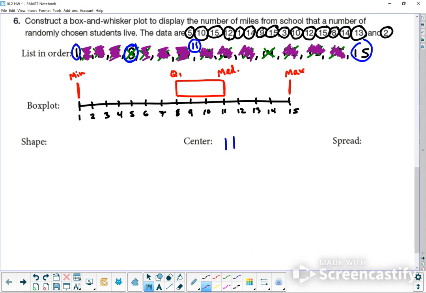That's 3 pairs. I don't know why I said 4 pair. Because there's 3 on each side. And then what's in the middle? This is the middle of the upper half, and that's 14. So 14 is going to be what we call our Q3.